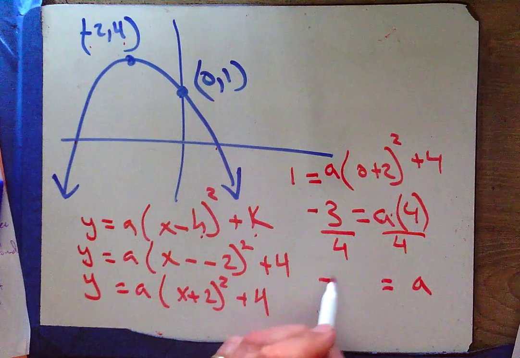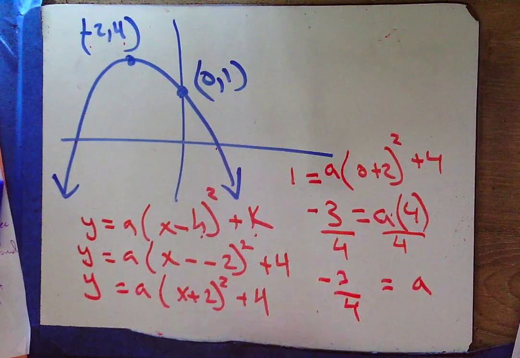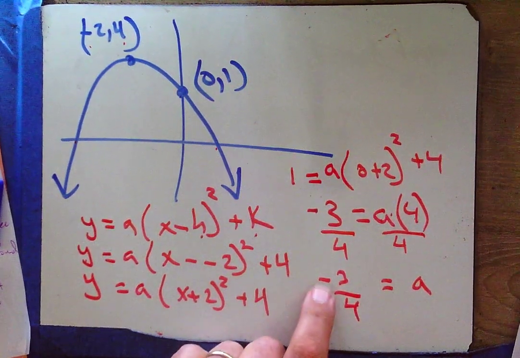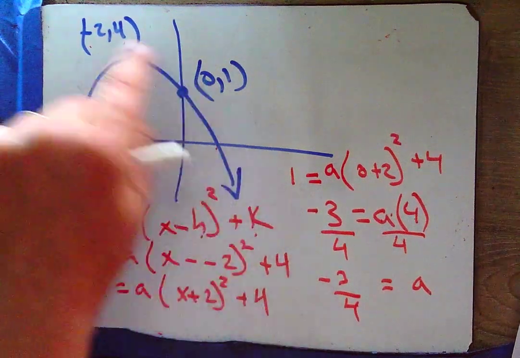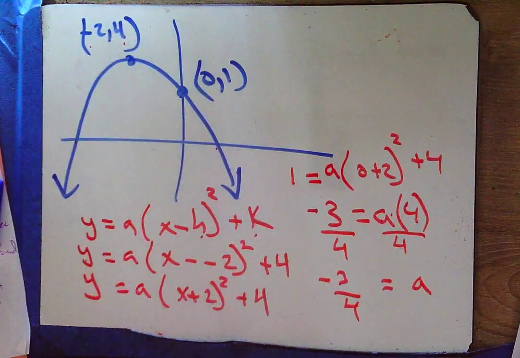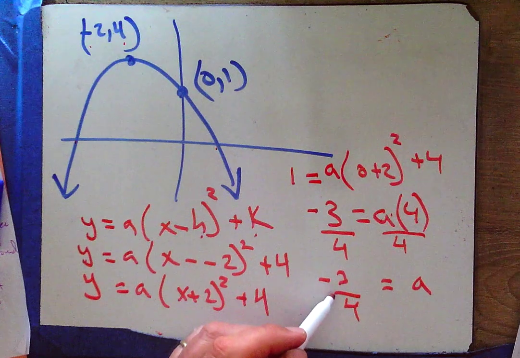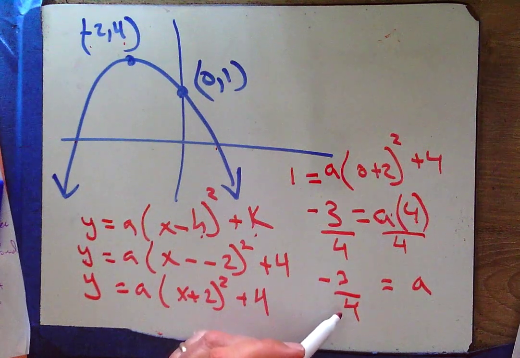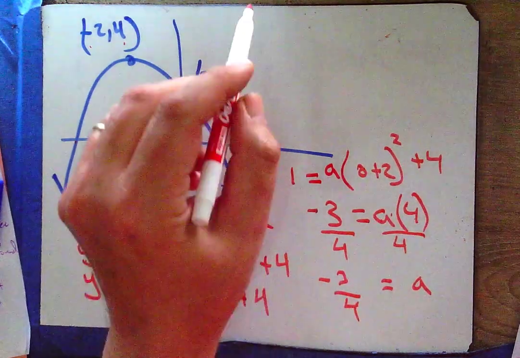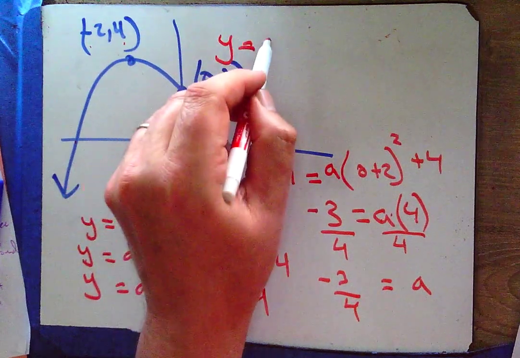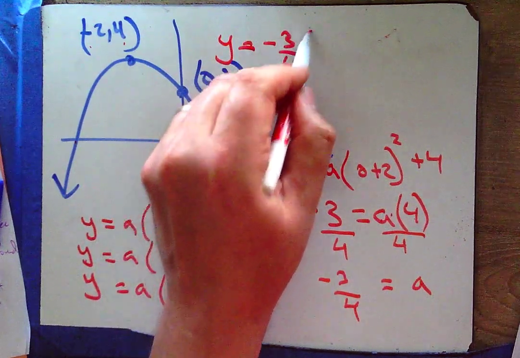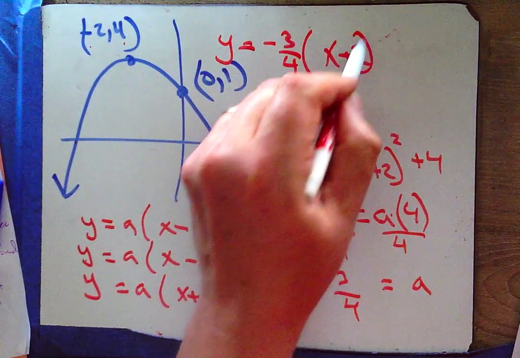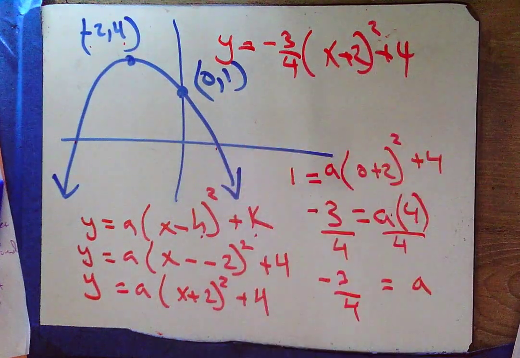So my a value turns out to be -3/4. I would have been concerned if this were not a negative number, because when I look at the graph, I see a down-pointing parabola, so I know my a value has to be negative. So let's write the equation for this parabola, -3/4 times x plus 2 squared plus 4.